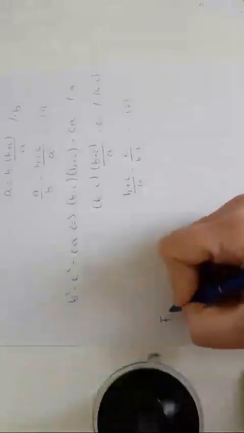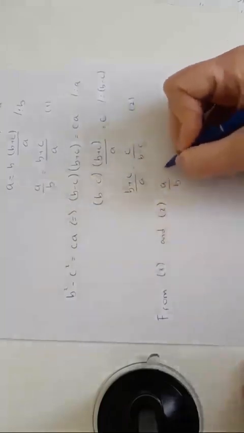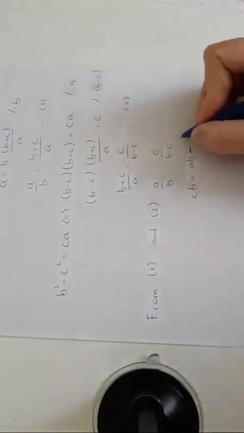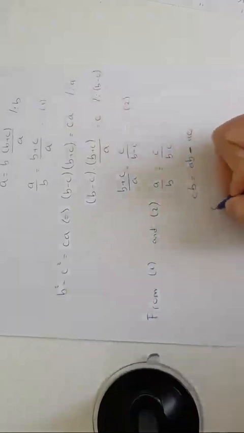So from 1 and 2, we get that a over b is equal to c over (b minus c). With cross multiplication, I will find that cb is equal to ab minus ac. I will take minus ac to this side, and it will be cb plus ac is equal to ab.